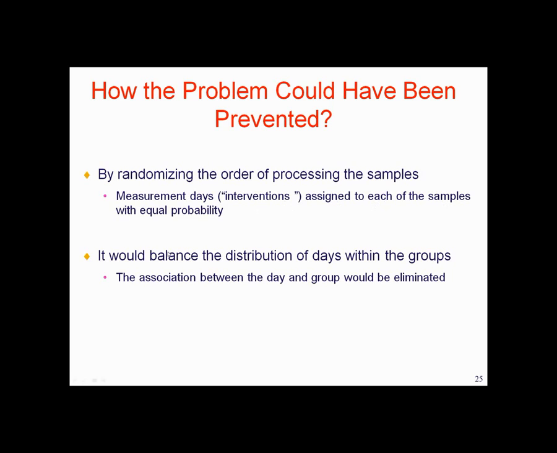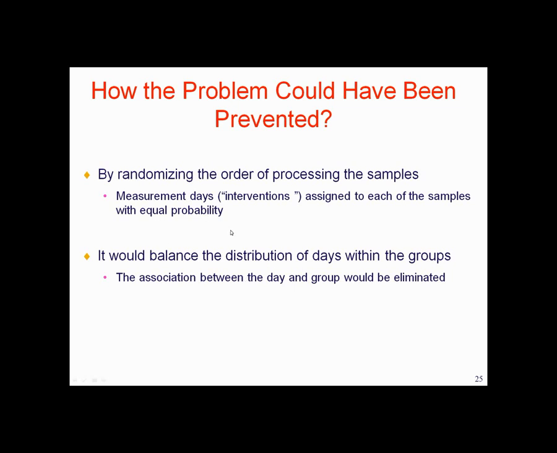And this means that by using such a random processing of the samples, you would balance the distribution of the days within the groups. So day 3 would still have worse quality of the MS measurements, but these bad quality spectra would be distributed evenly between the cancer and control samples, and this means that there would be no difference in this respect between these two types of samples, and this would not influence the classifier to the extent which we saw in the original results.